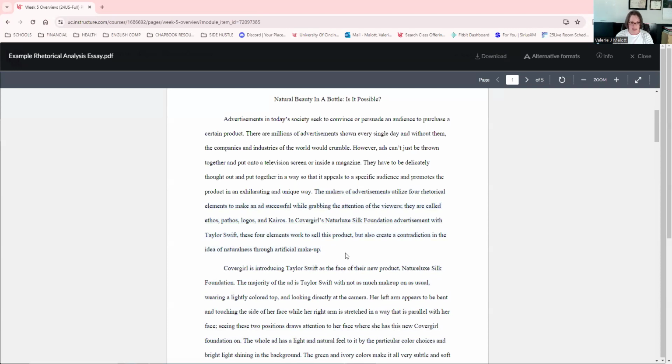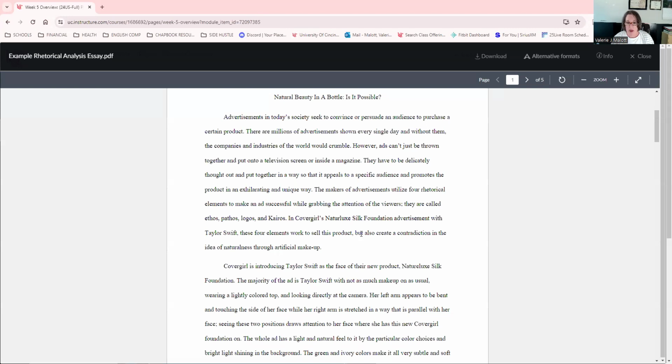Sometimes students are mistaken and they think that the thesis statement is the whole introduction. No, it isn't. Or you cram as much information as possible into one sentence. However, it is perfectly acceptable to have your thesis be 1 to 2 sentences. If you cannot get it done effectively in one sentence, then it's perfectly acceptable to have 2 sentences.